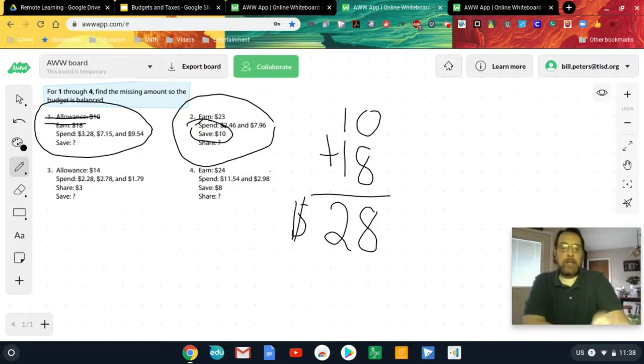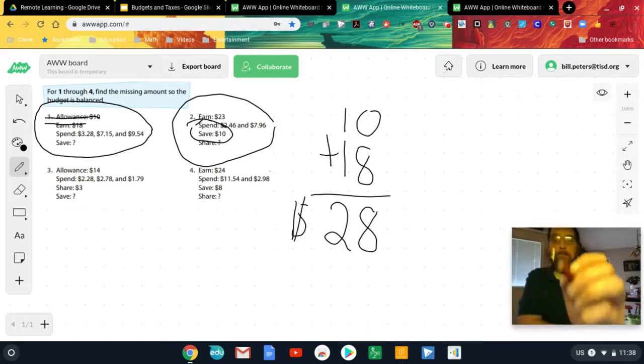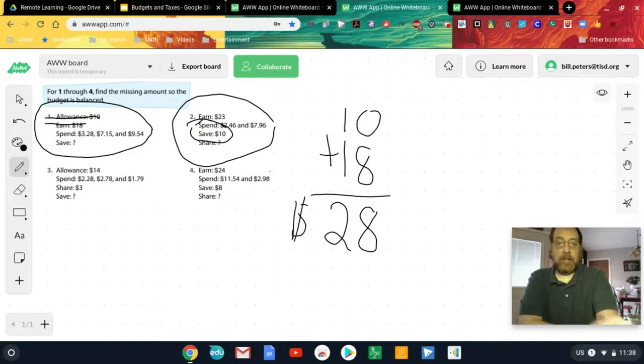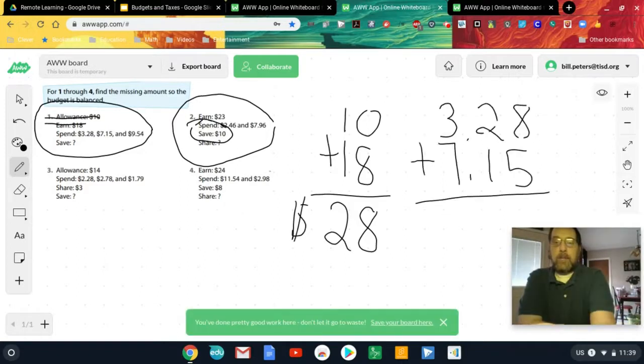I can subtract each and every number individually, or I can add 2 numbers at a time. I'm going to add 2 numbers at a time. 8 plus 5 is 13. Carry the 1. 2 plus 1 is 3, plus 1 is 4. Bring my decimal straight down. 3 plus 7 is 10.